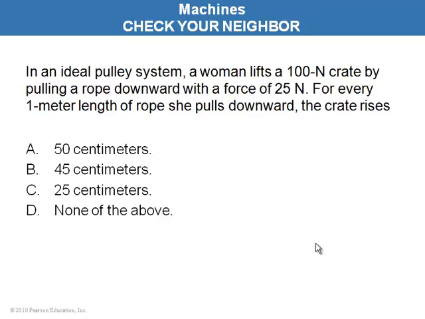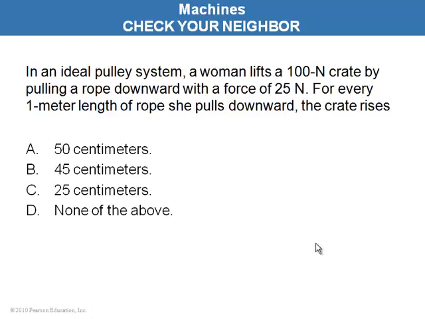So she is applying a force of 25 newtons. And the crate. C. And how did you get C? Because the work input has to equal the work output. Right.